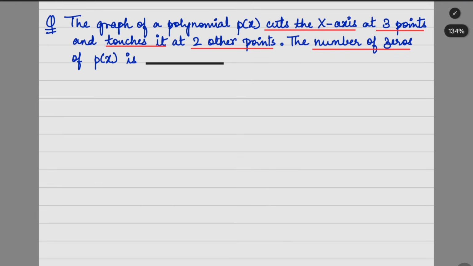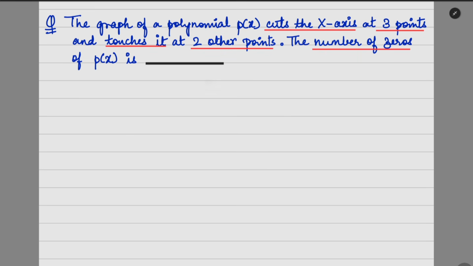Okay, now I hope it's more clear. The question states that the graph of a polynomial p of x cuts the x-axis at 3 points and touches it at 2 other points. Find the number of zeros of p of x.